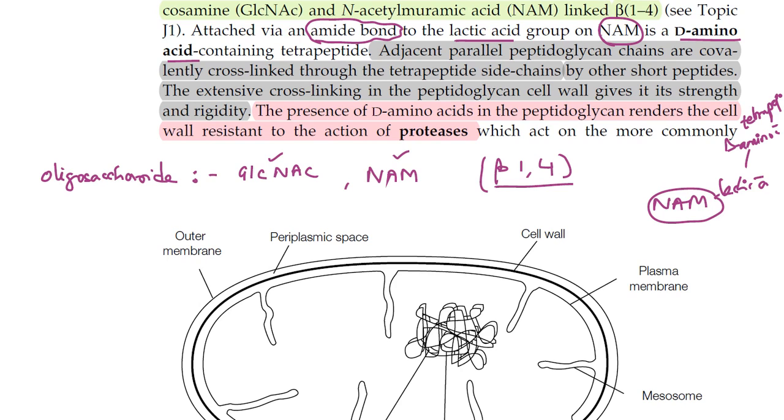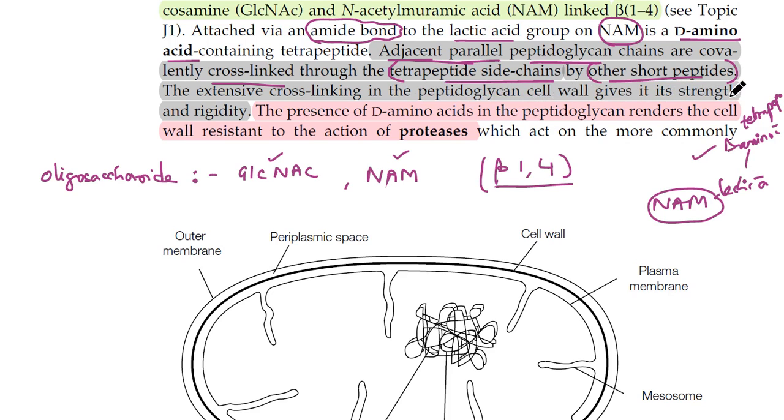Now see another important point: the adjacent parallel peptidoglycans are cross-linked through the tetrapeptide side chains. How? By other short peptides.